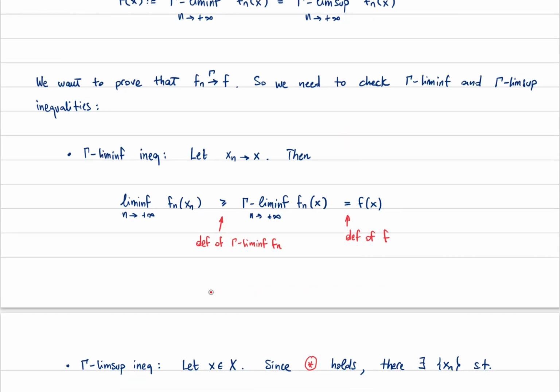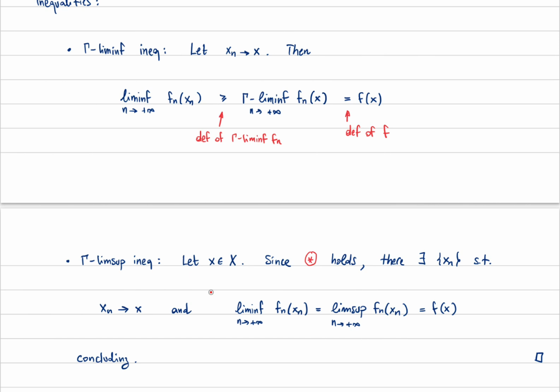Now let's check the gamma lim sup inequality. Fix some arbitrary x in X. Since star holds, so since the gamma lim inf is equal to the gamma lim sup, you can find a sequence xn converging to x such that these two quantities are the same.